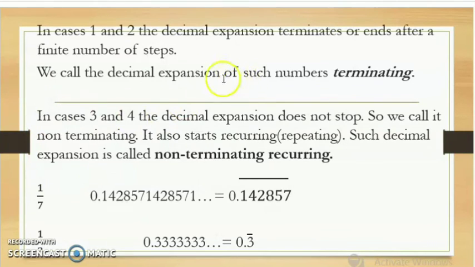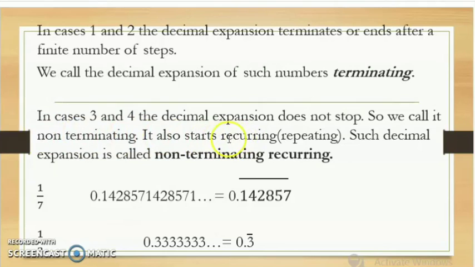However, in the case of 1 by 7 and 1 by 3, we see that the decimal expansion does not stop. So if it stops, we call it terminating. If it does not stop, we call it non-terminating.